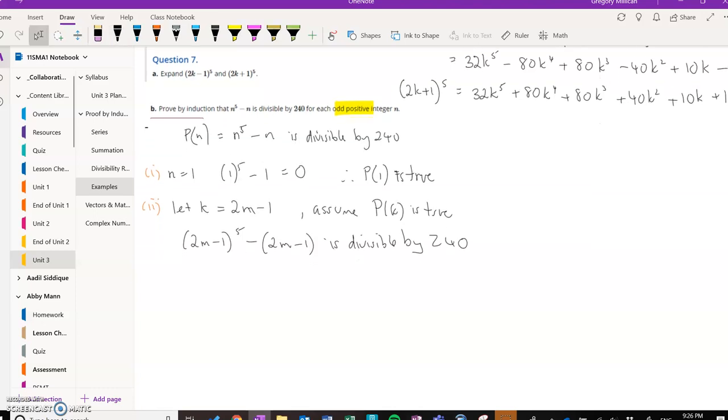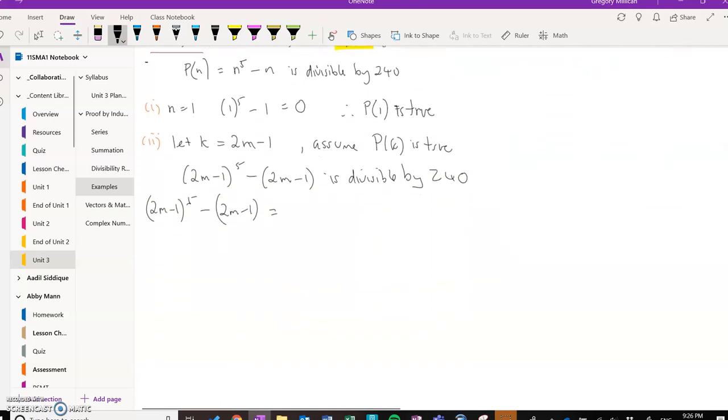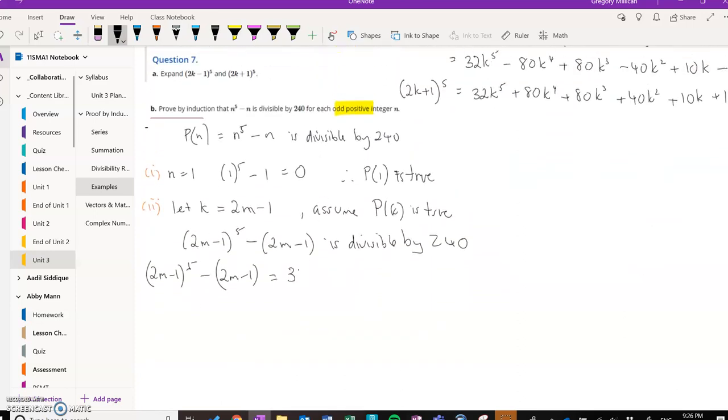So we better work out what this is. (2m minus 1) to the power of 5 was done up here, so that's going to be 32k to the 5 minus 80k to the 4 plus 80k cubed minus 40k squared plus 10k minus 1.